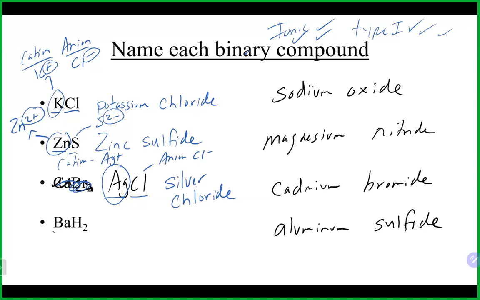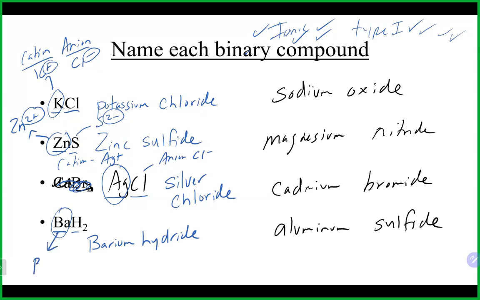Lastly, that is barium, which is a metal. We got hydrogen, which is a nonmetal, telling you it's ionic. Barium, group number 2, fixed +2 charge, tells you it's a type 1. And then you're ready to go into naming barium. And that is the negative version there of hydrogen, so that would be hydride.